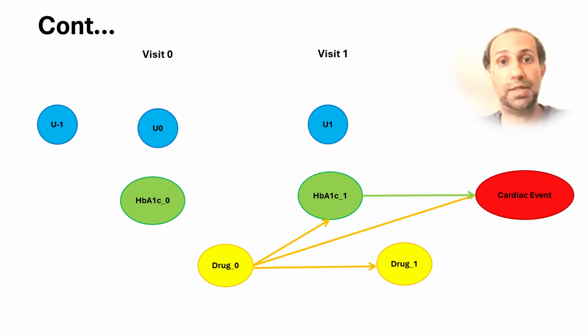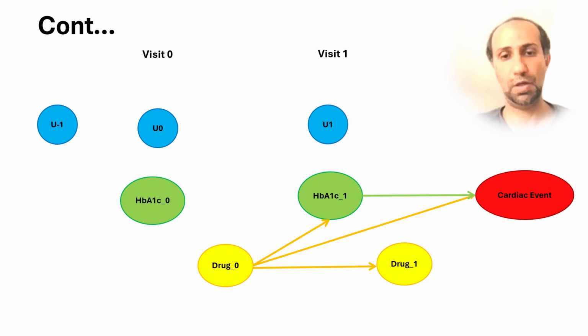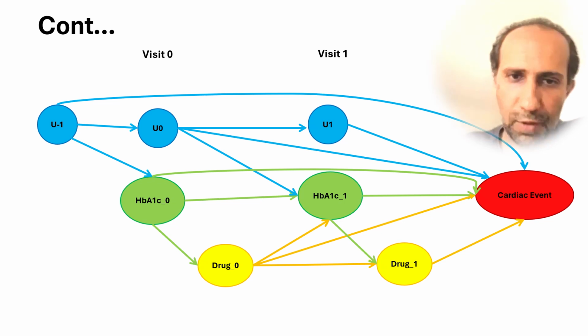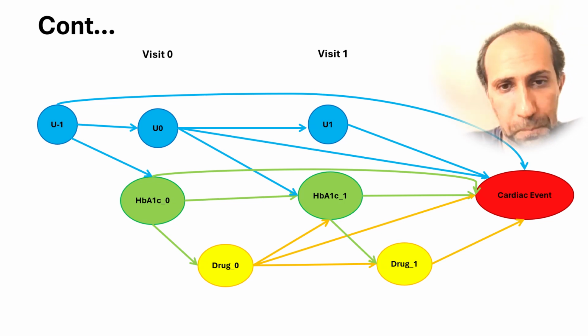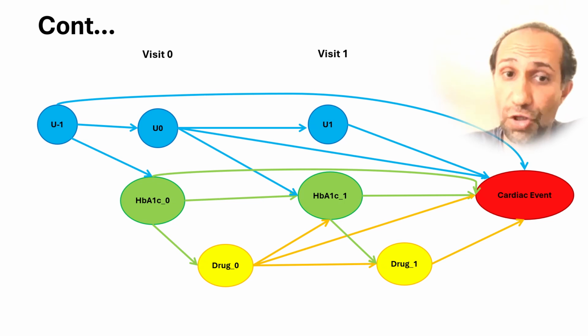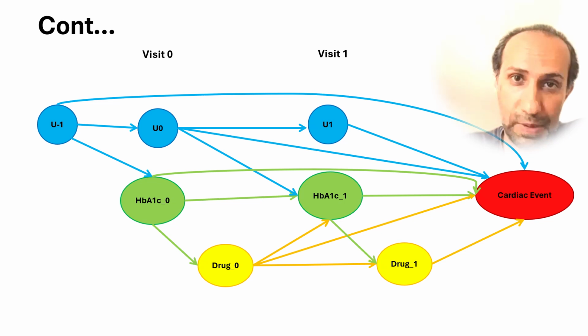In the next slide, you can see the whole graph with all edges and dependency paths. You can see this graph is very complicated, with different roles of the variables, sometimes as a mediator, sometimes as a confounder. This slide shows the full causal graph we have. Don't forget, this is a very simple question with just two follow-up visits.